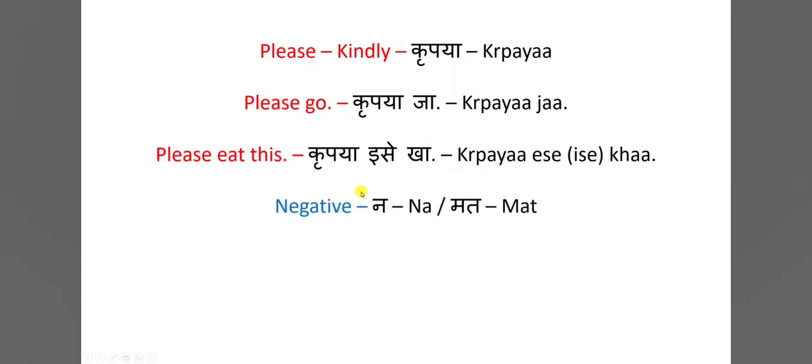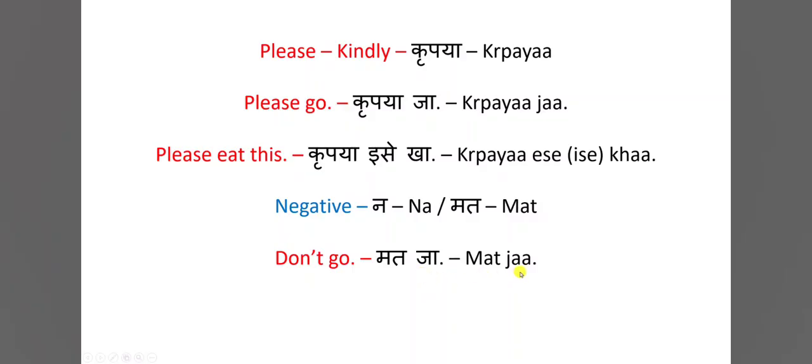To make a negative imperative, we use na and mat. Okay? Na or mat. We do not use nahi here. Commonly used is mat. And mat must be placed before the verb. Okay? So, if you want to say don't go to someone, you have to say mat ja.